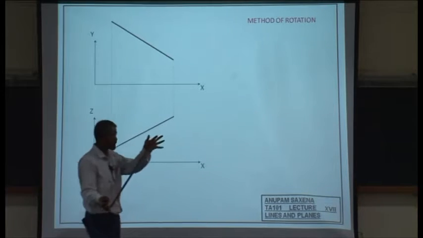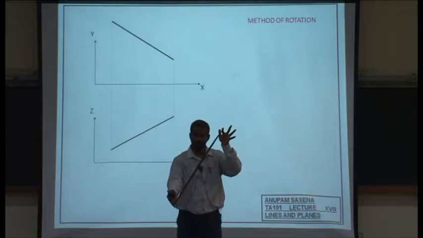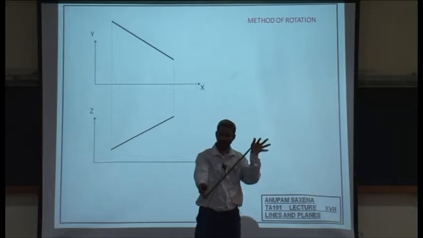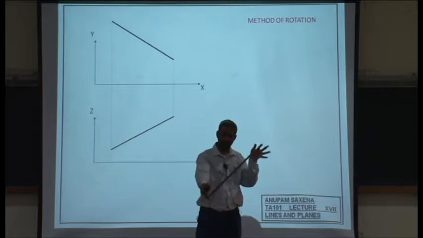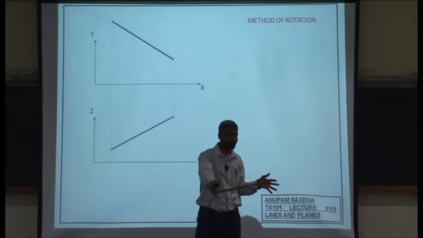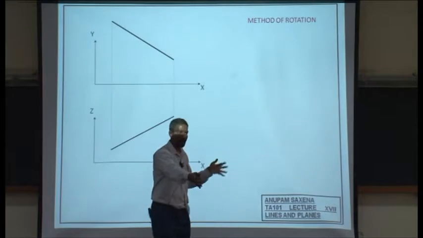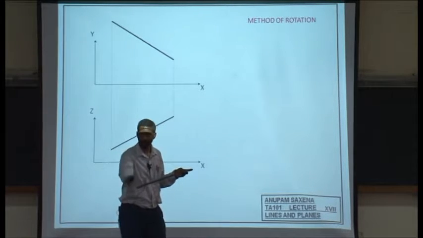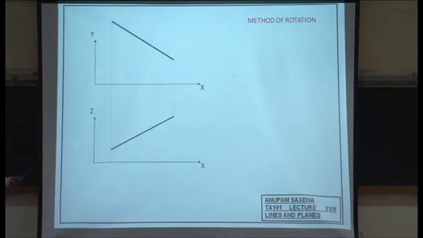Now you see the projection of this line in the front view. Now I'm going to rotate this projection in such a way that it becomes horizontal. This rotation is about what axis? The y axis.